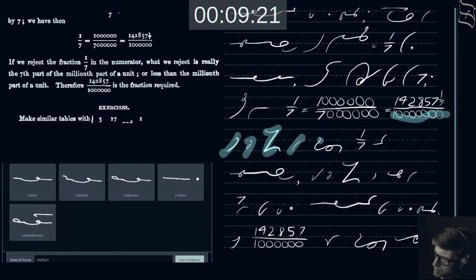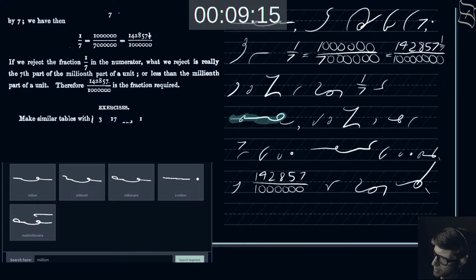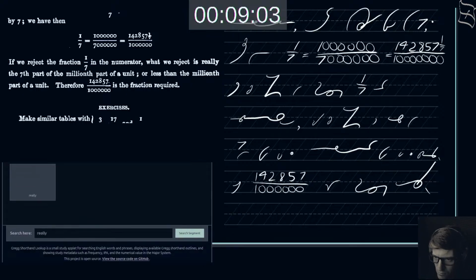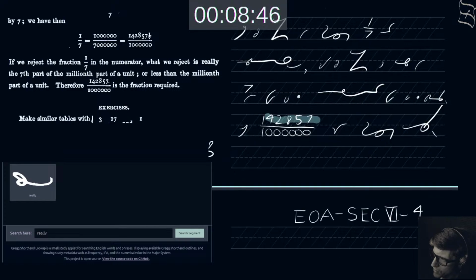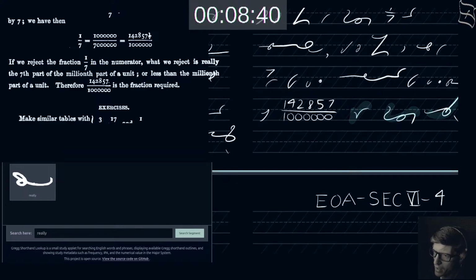If we reject the fraction 1 over 7 in the numerator, what we reject is really the seventh part of a millionth part of a unit. Therefore, 142,857 over 1 million is the fraction required.